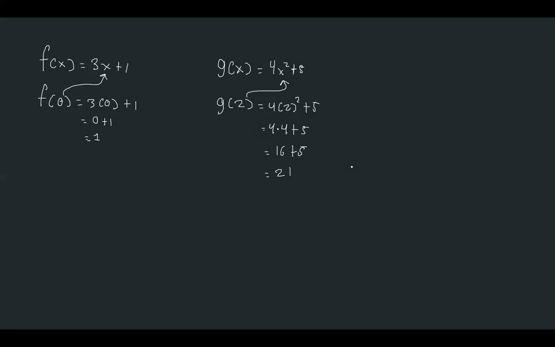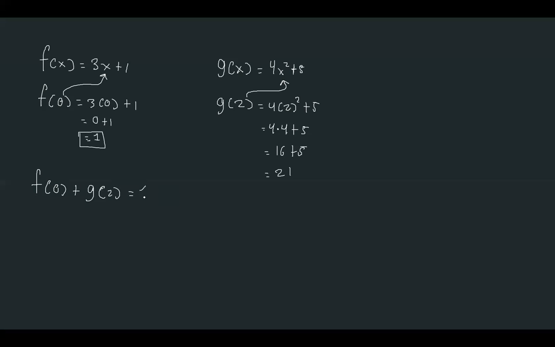So what if I told you that we're asked to find f of x plus g of x? Specifically, f of 0 plus g of 2. What are we going to do? First, we have f of 0, and f of 0 is 1.